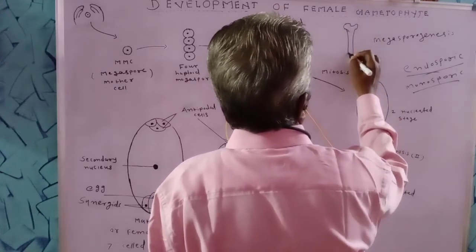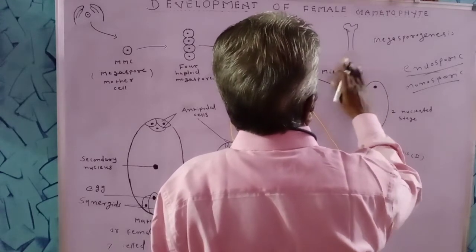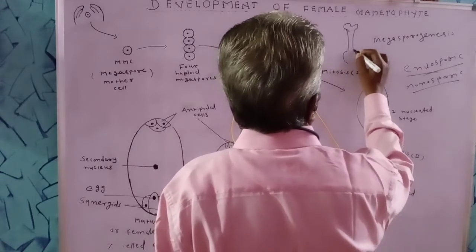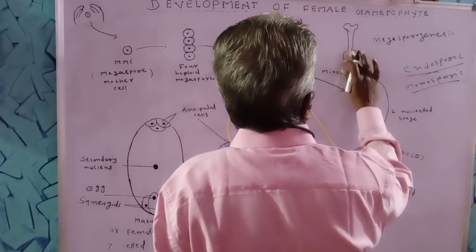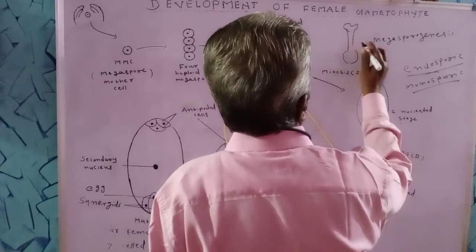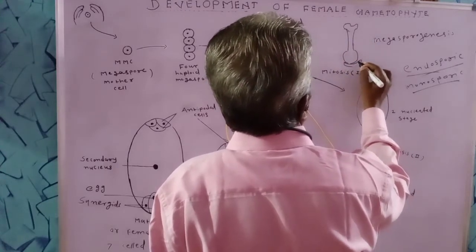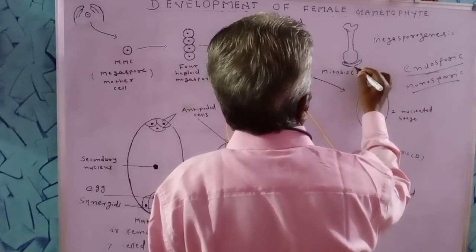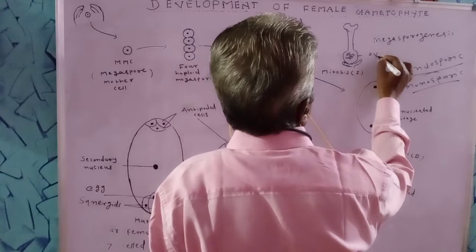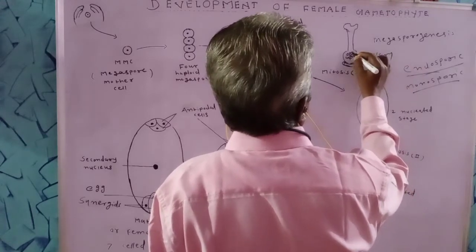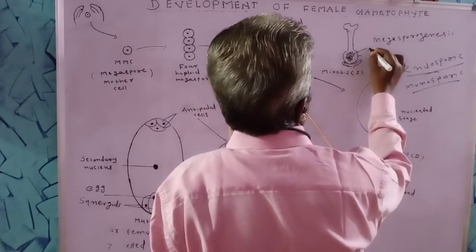In the last period, you have already studied the structure of the ovule. The ovary is the swollen basal portion of the carpel, and in that ovary, ovules are present. So, this is the ovary, and these are the ovules attached to the placenta.